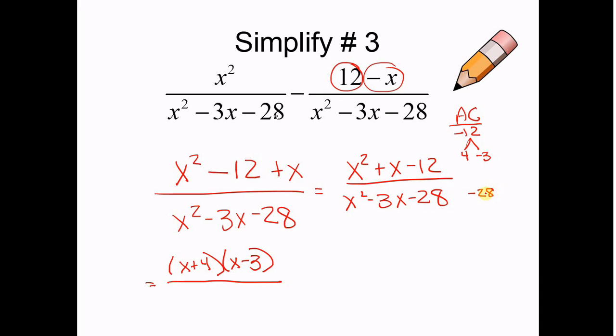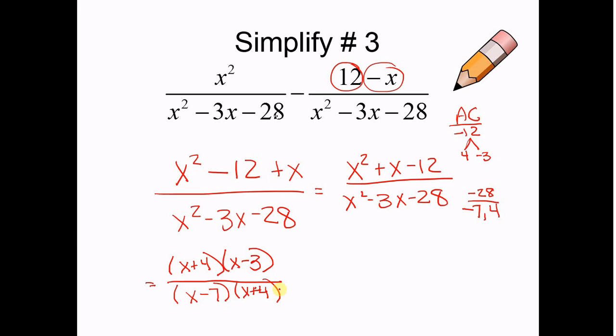Bottom, I need a negative 28, and a negative 3 when I add. I think a negative 7 and a positive 4 will get me what I want. So x minus 7, x plus 4. Just skipping the boxes.